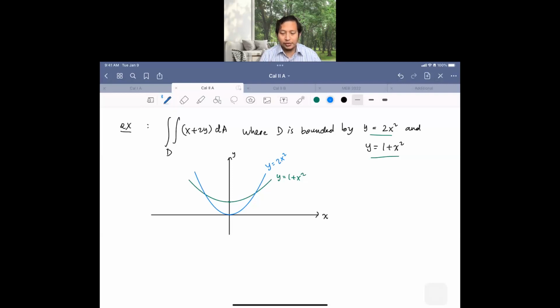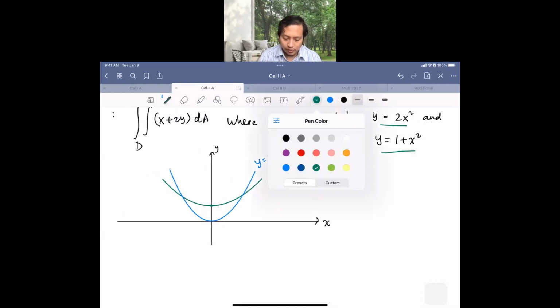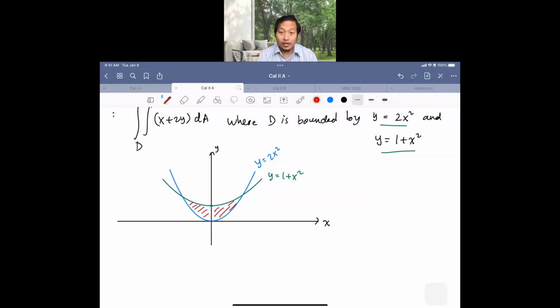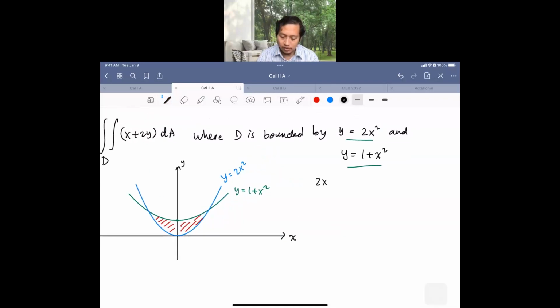Okay, maybe to make sure of the points, because we want to evaluate the area here, right? We are going to evaluate here to make our D, right? So we can take the equations to have our point of intersection.